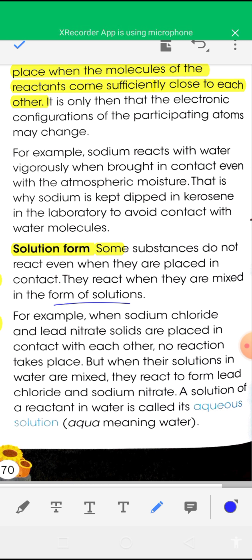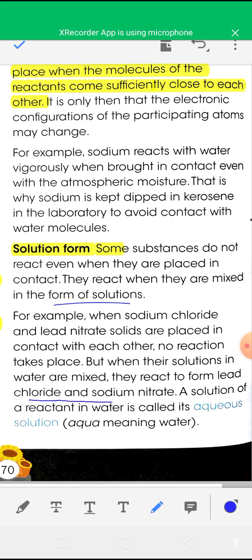But when their solutions in water are mixed, they react to form lead chloride and sodium nitrate.